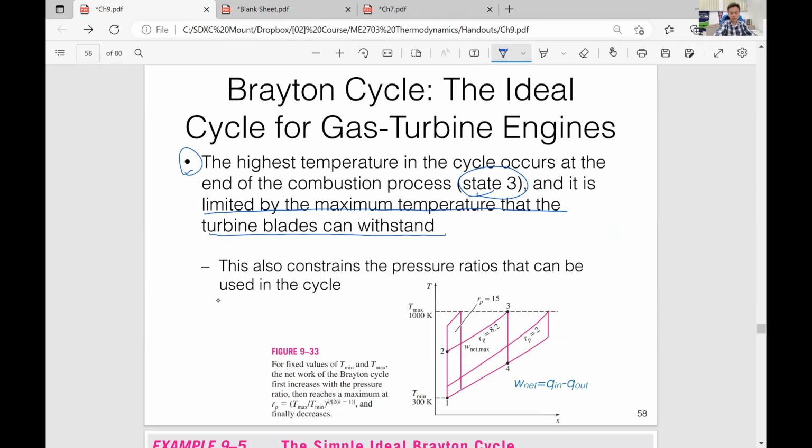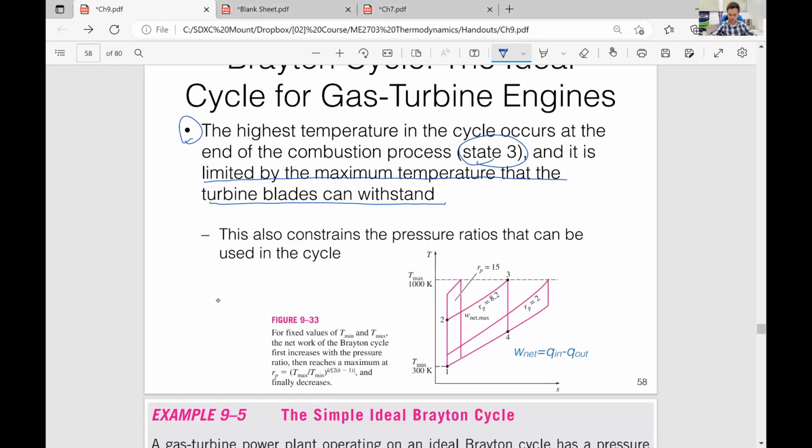Okay. So the pressure ratios are also constrained by this condition. So the maximum temperature cannot be higher than the temperature that the turbine blades can withstand.